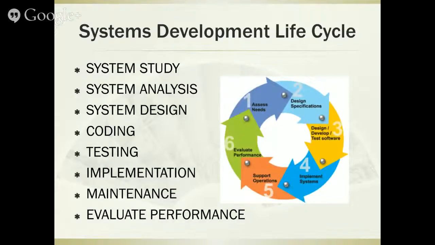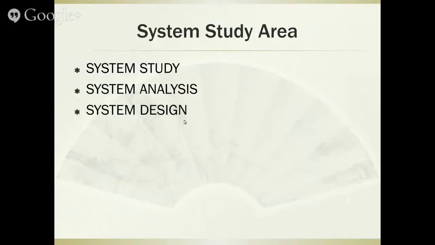I separate this part actually into 6, but I separate it in more detail into 7. First of all, I want to show the system study area. In this area, we have 3 here: system study, system analysis, and system design.